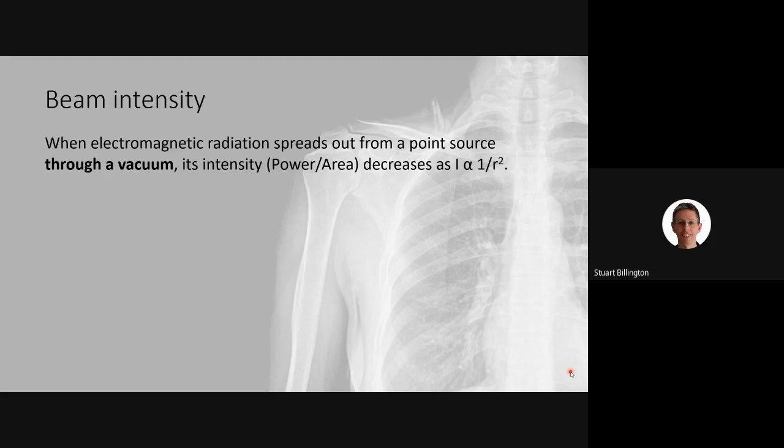But important to remember that when we met this inverse squared relationship in the waves topic, we were talking about the radiation traveling through a vacuum that didn't absorb it.